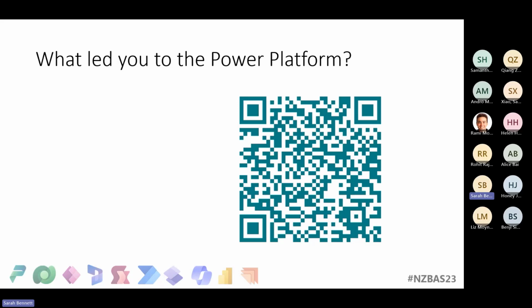So I want to know how many on the call and how many in the room. If you've got your phone, this is a Slido poll. If you wouldn't mind letting me know what path led you here.